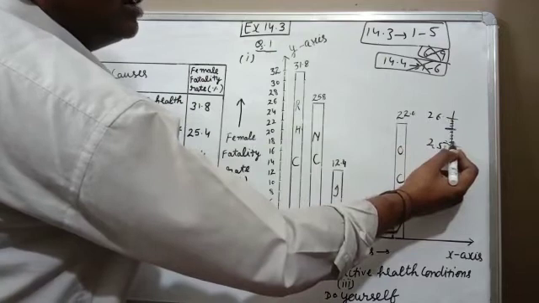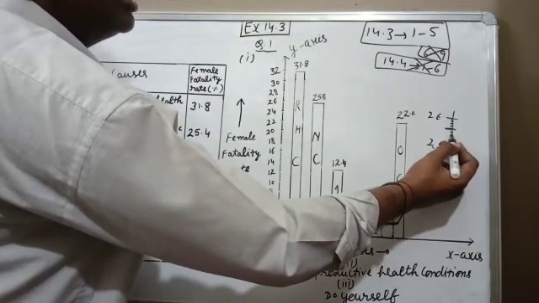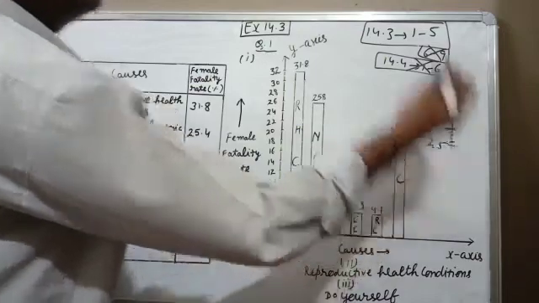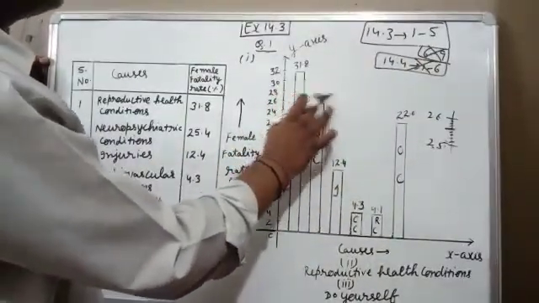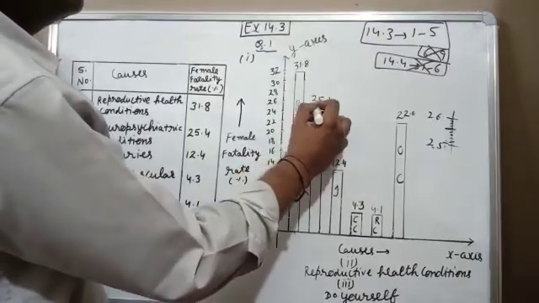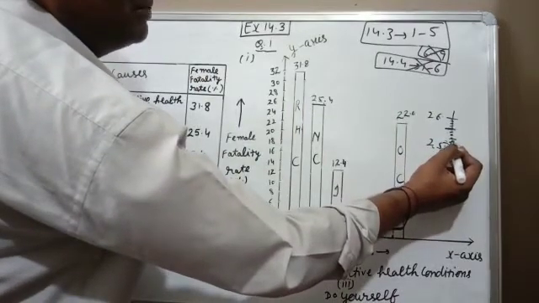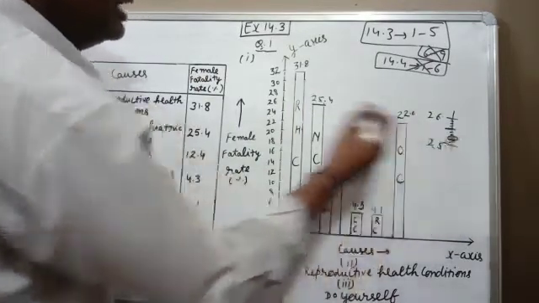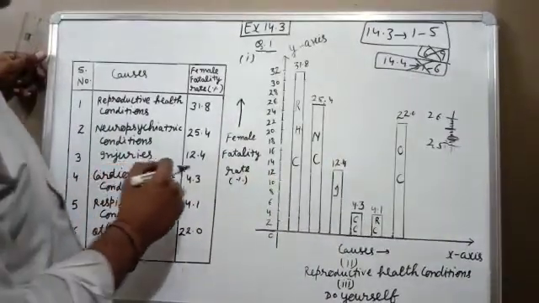Then this is 25.2, this is 25.4, this is 25.6, this is 25.8. We want only 25.4, the second value after 25.